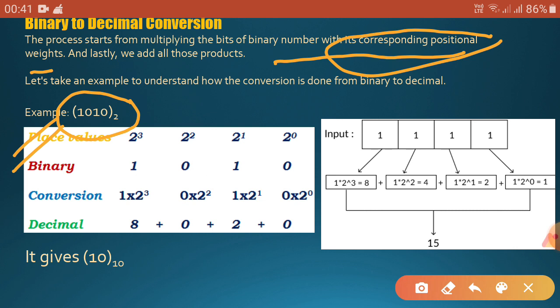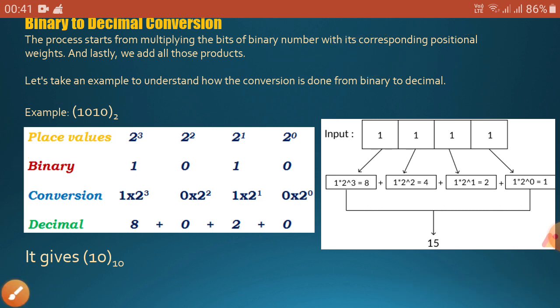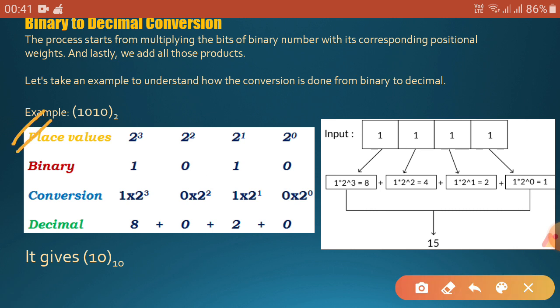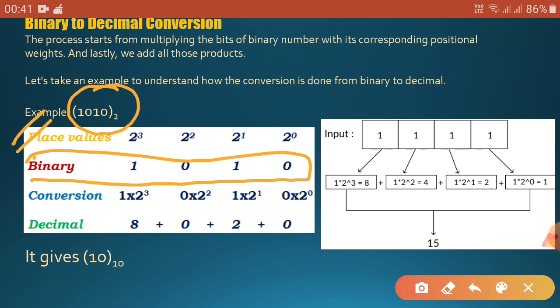Here we are trying to convert 1010, which is in the binary number system, to the decimal number system. We have to write down the place values first. So the question is 1010, and we write the binary number here. Now we have to write the positional weights.